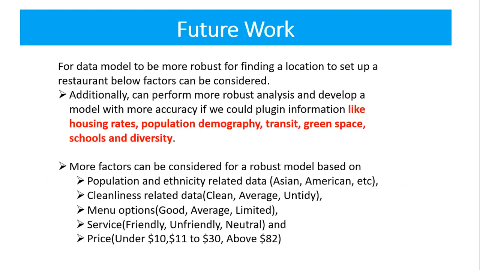So if you have a restaurant in those areas, generally speaking, it is more secure than in other areas. And the others are population, demography, and transit and green space, especially nowadays. Actually, in New York City there is not much green space, only around the Central Park area, and school and diversity.